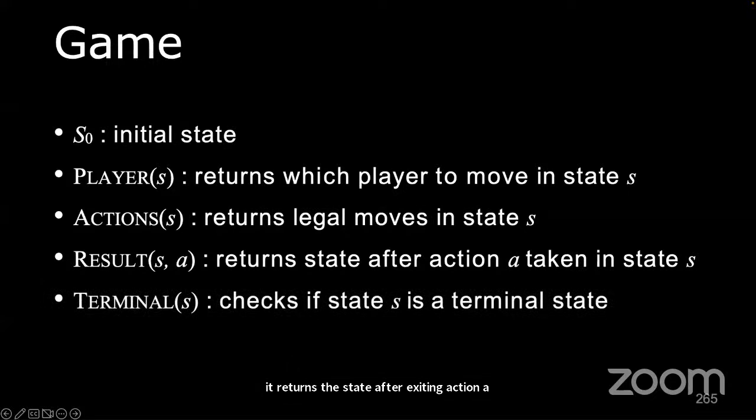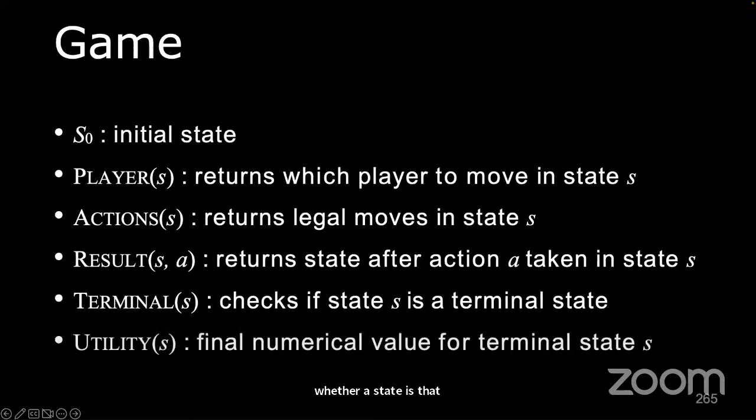And we need to know whether the game is over. For this, we have a terminal function which checks whether a state is the terminal state or we need more moves to end the game. And we have a utility function which gives us the numerical value for a terminal state. So we need to consider that the utility function is applicable only for terminal states.